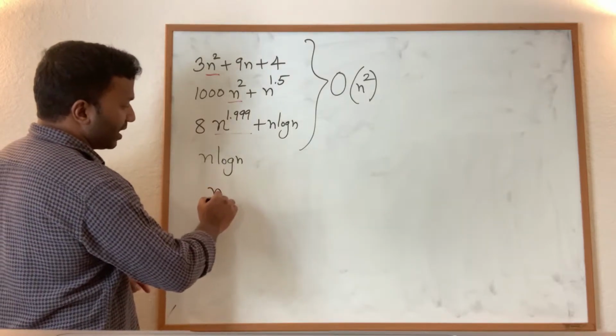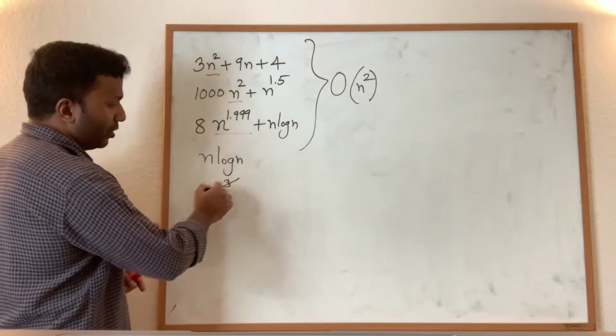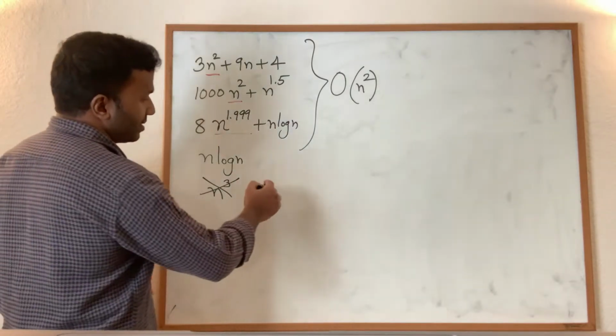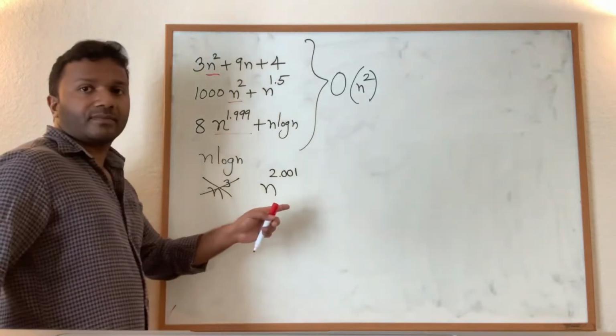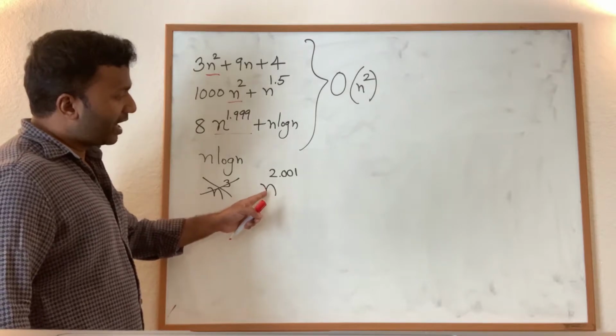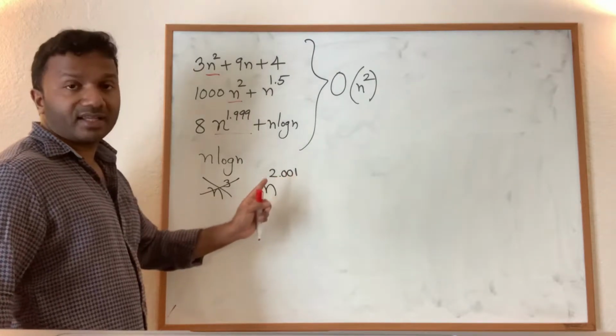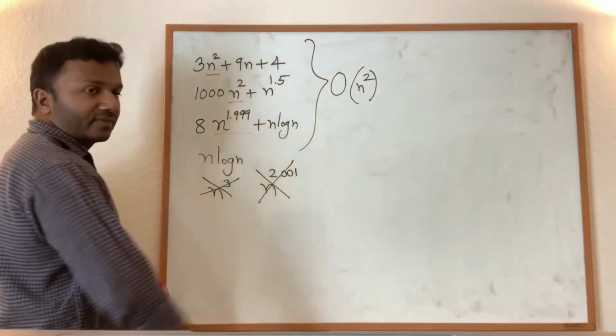But can I write something like n cube as big O of n square? No. Can I write n to the 2.001 as big O of n square? No, because n to the 2.001 is not dominated by n square.